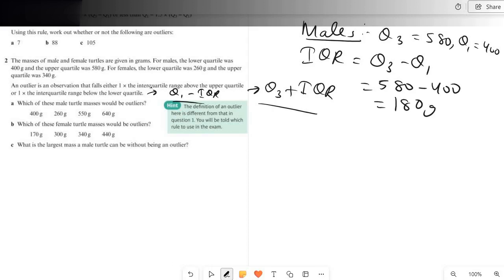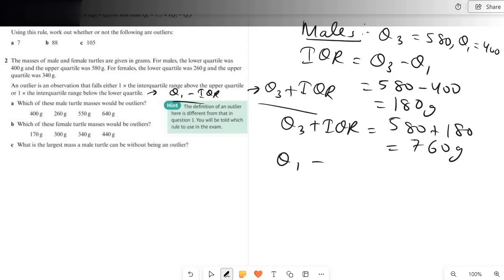Now we can evaluate the first one, which is going to be Q3 plus IQR. Q3 is 580 and IQR is 180, and this gives us a value of 760 grams. And similarly for the next one, which is Q1 minus 1 IQR, this is going to be 400 minus 180, which is 220 grams.